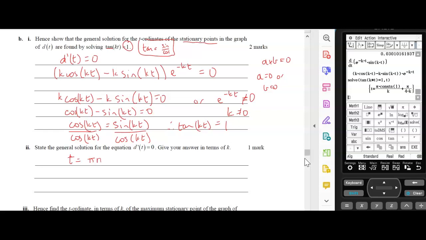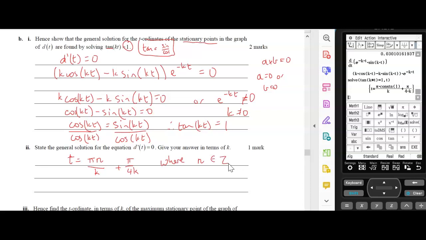So pi n over k plus pi on 4k. Now, that's what you read off your calculator. You can't write the const n. You do need to replace it with an n. But the last thing you need to do is say where n is an element of z. So z being an integer.